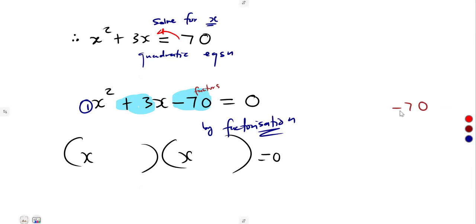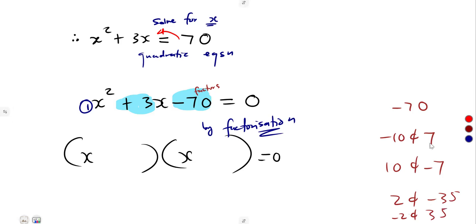Two numbers that you can multiply, you get negative 70. There are so many, guys. Negative 10 and 7, 10 and negative 7. 2 and negative 35, negative 35 and 2, negative 2 and positive 35.